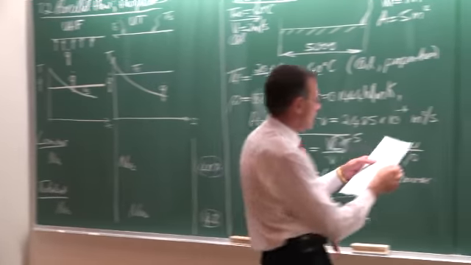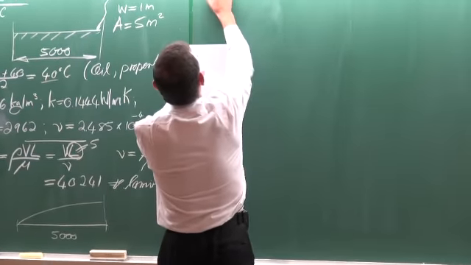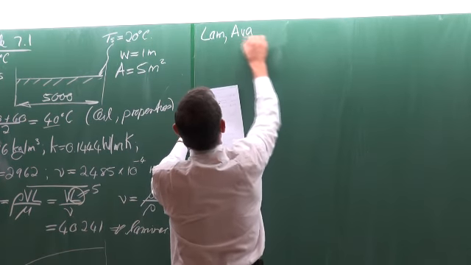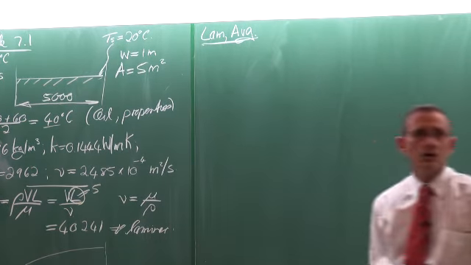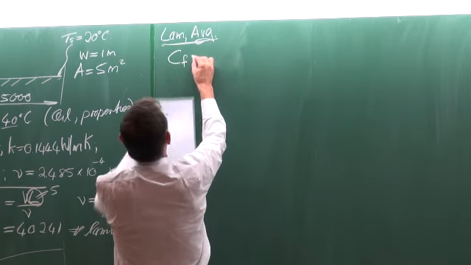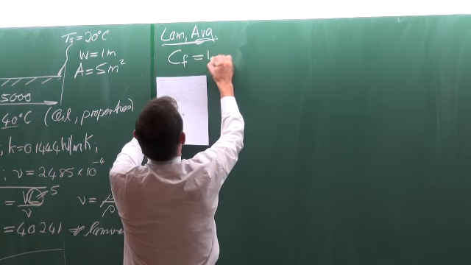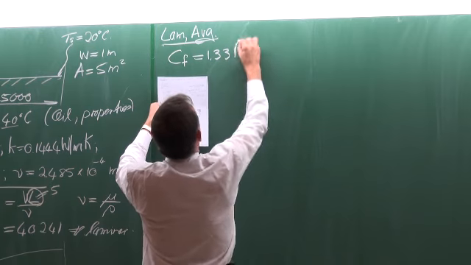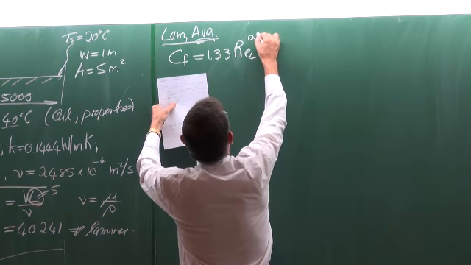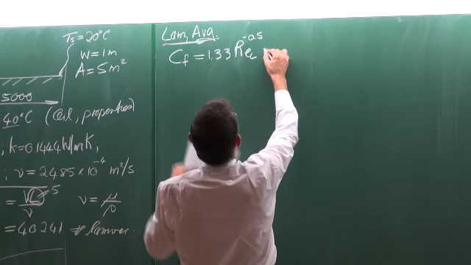Laminar flow, firstly, and we want the average ones. The average friction coefficient would be equal to 1.33 Reynolds, based on the length, to the power minus 0.5.